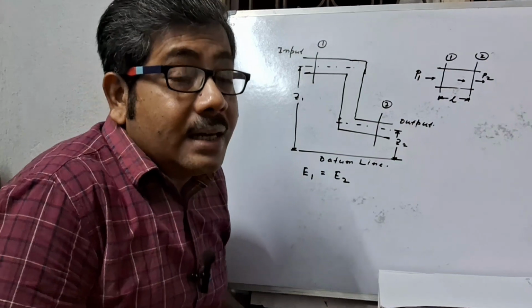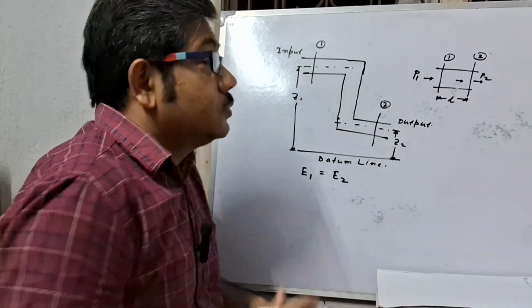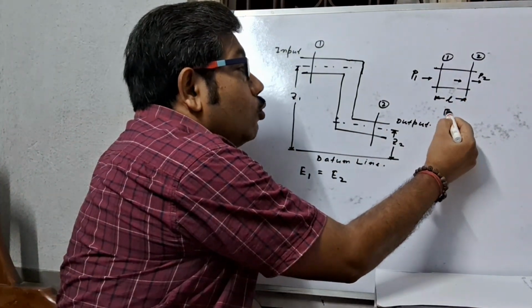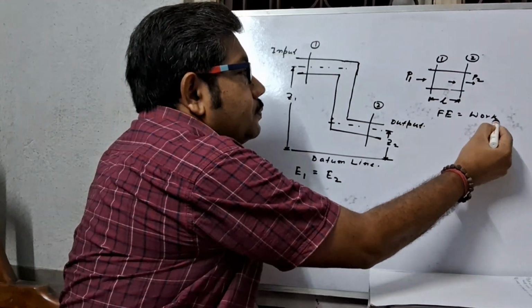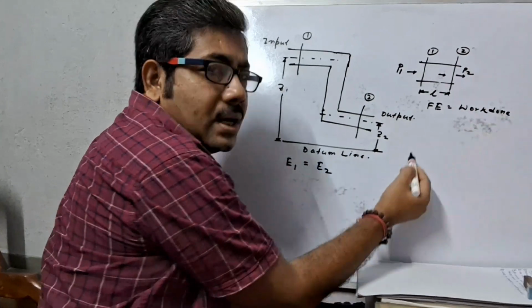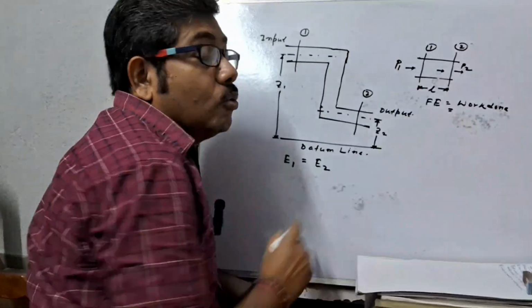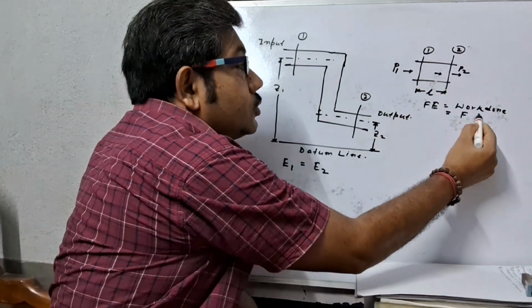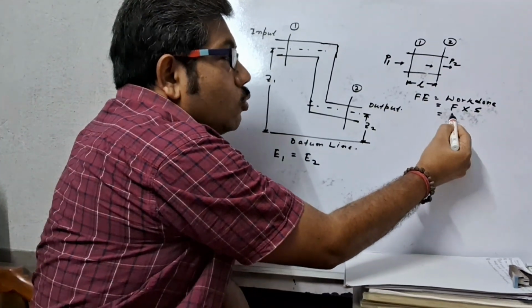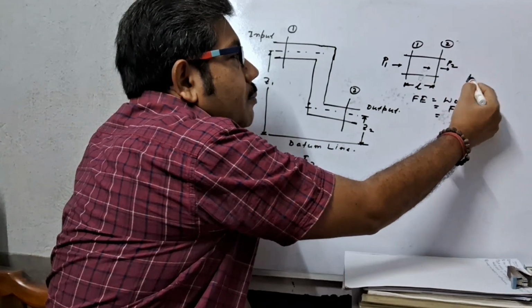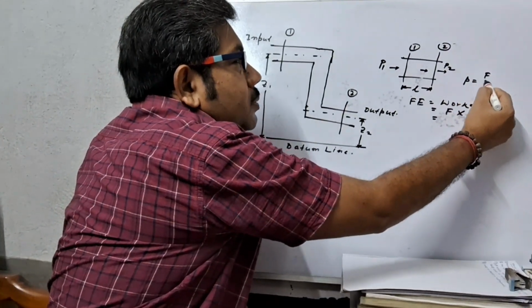এবং আমরা জানি এনার্জিকে ওয়ার্ক ডান দিয়ে মাপা হয়. So here flow energy means work done, and work done means force into displacement. Force means pressure, that is force per area.